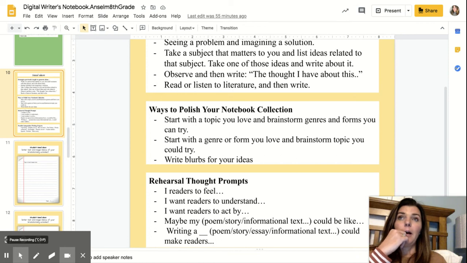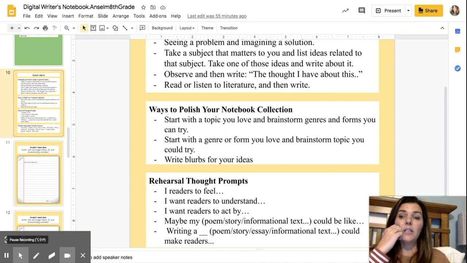So make sure that you're getting in your brainstorming and you're writing blurbs and you're focusing on the best path that your project could take, and you're in your writer's notebook actually drafting some pieces of writing for that project, because we're going to turn in a picture of one of our entries at the end of the week. So make sure that you can still be adding new pieces or brainstorming, but make sure that you're really beginning to write today.